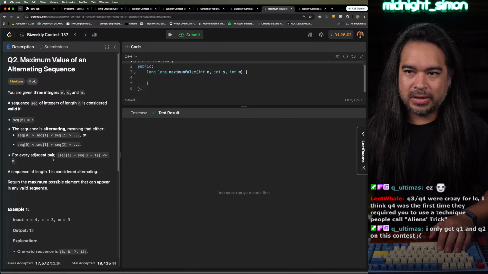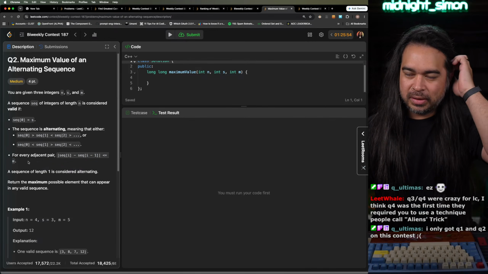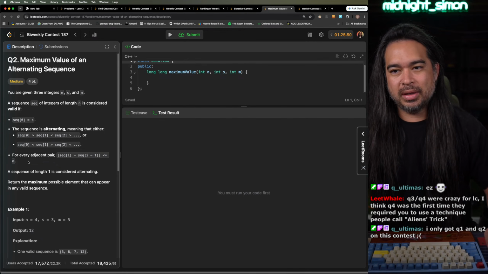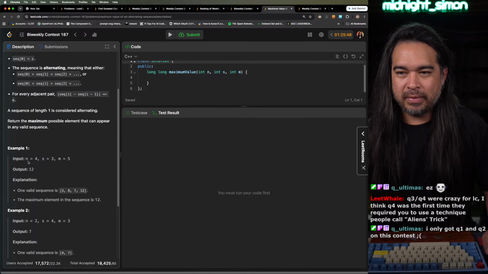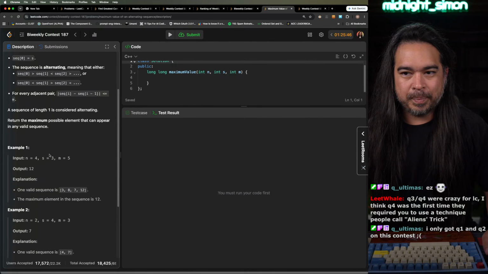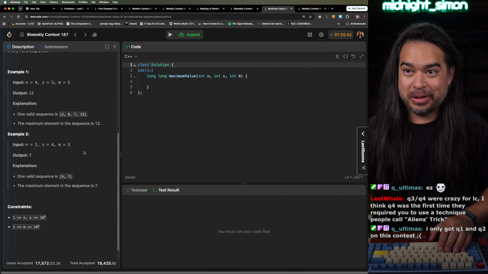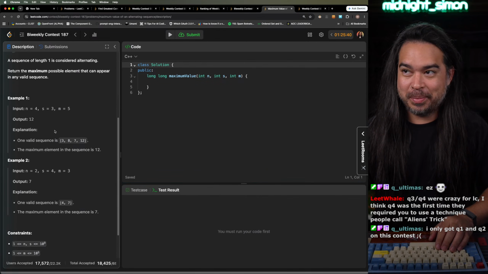For every adjacent pair, they are less than equal to m. A sequence of length 1 is considered alternating. Return the maximum possible element that can appear in any valid sequence. I don't know about this problem, man.